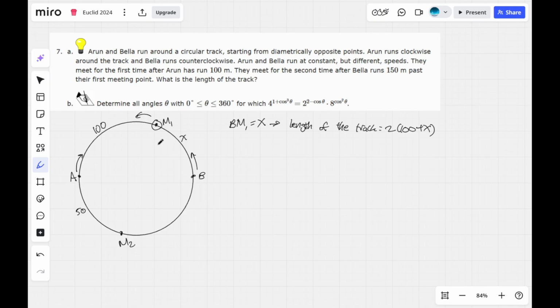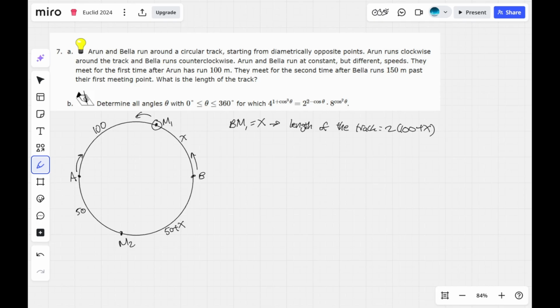So AM2 is equal to 50. And because half of the length of the track is 100 plus x, BM2 plus AM2 is 100 plus x, so BM2 is equal to 50 plus x, right?